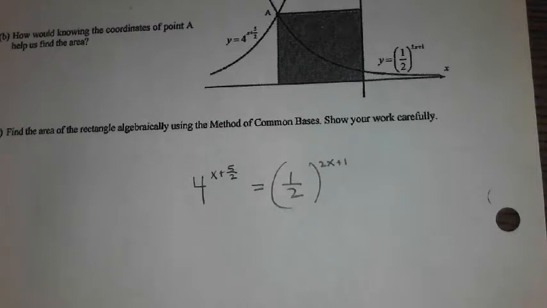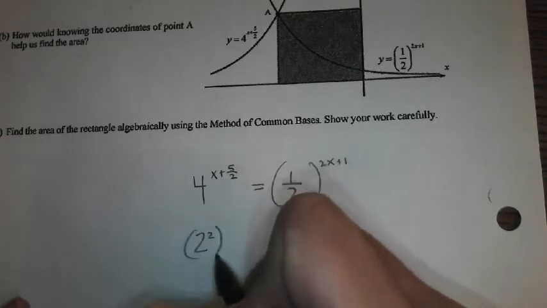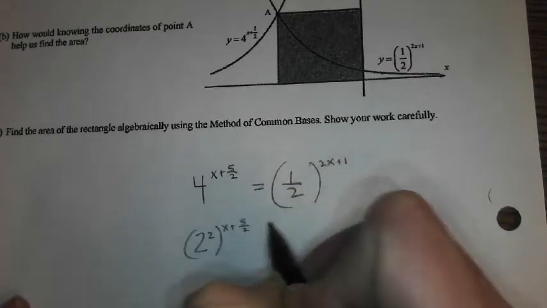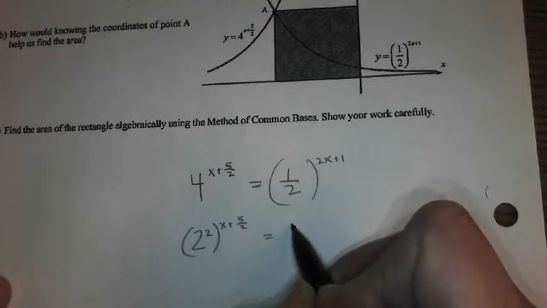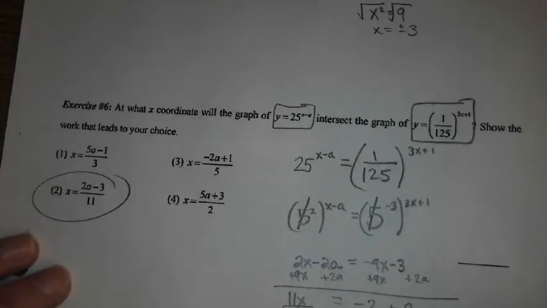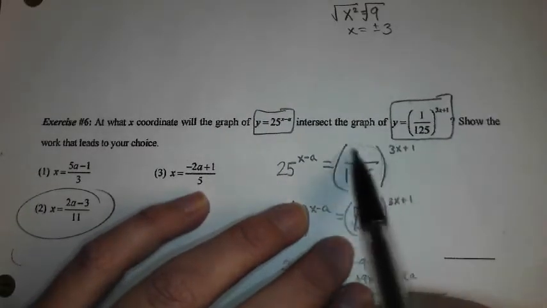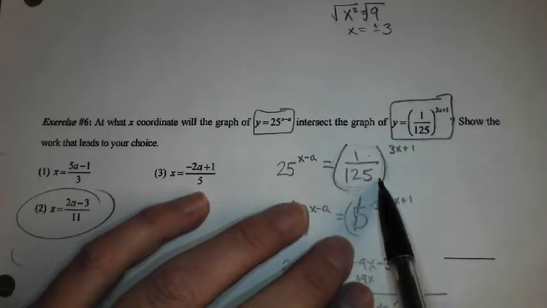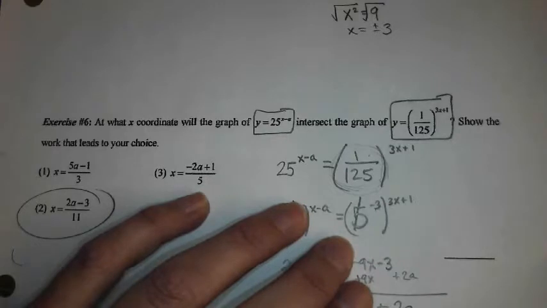And Grace, 2 squared, good. And Evan, what do I do with 1/2? Let's go back, Evan, to the front side. Your friend Andrew, who's been paying very close attention, took 1/125 as a fraction and changed it to 5 to the negative third power.